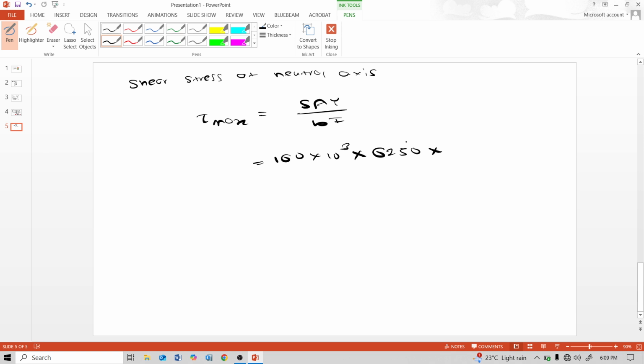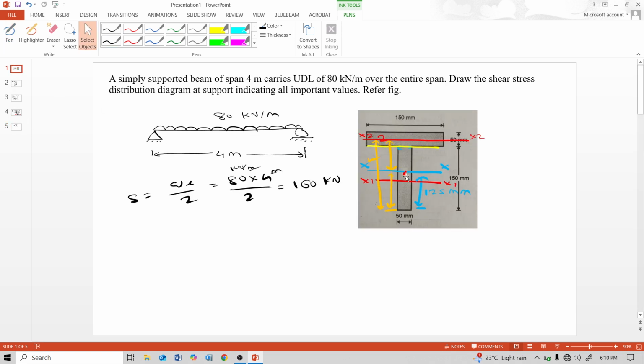And y is the centroid of that portion, up to this x axis from the bottom fiber.